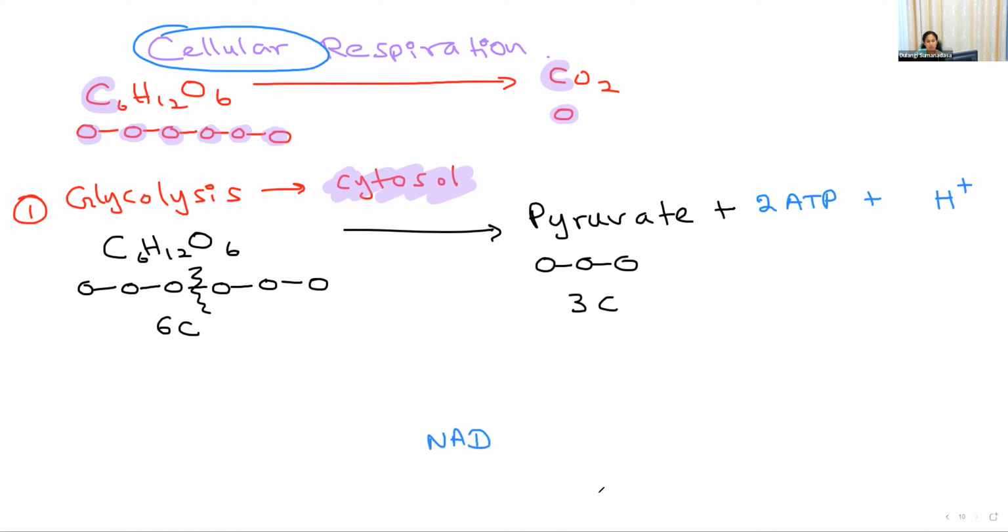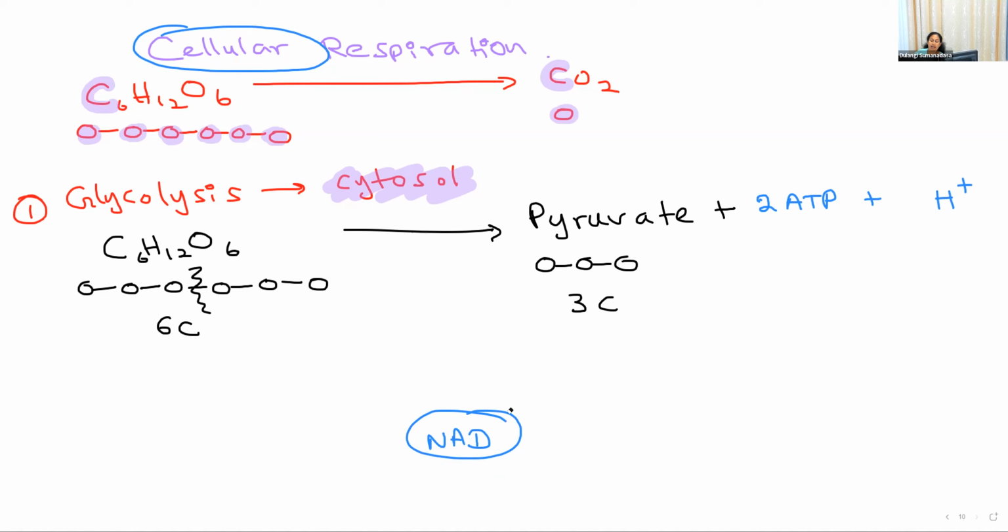I'm writing the unloaded ones. But for glycolysis, we are only using NAD. We're going to use FAD in the Krebs cycle.